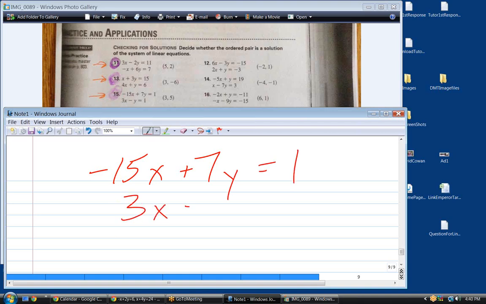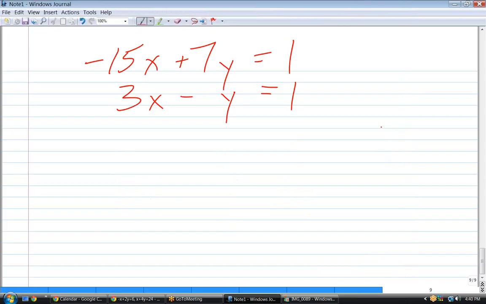Now, clearly, when you look at this, you can see that nothing's going to happen if I add them together or if I subtract them. You don't always have to add equations. Sometimes you can subtract in order to eliminate a variable. What can I do to this equation such that I can eliminate the variable after I do it?